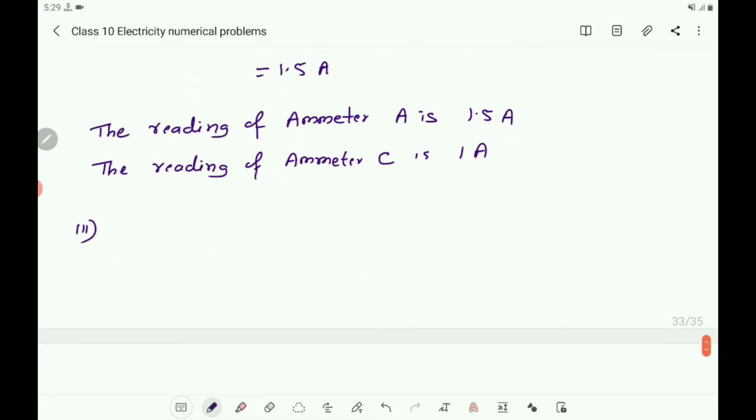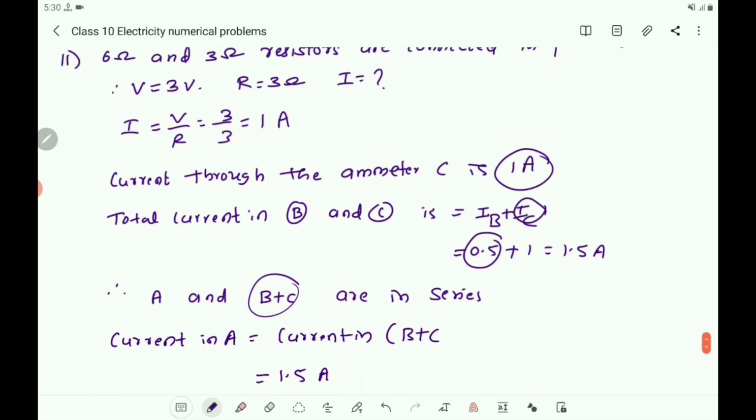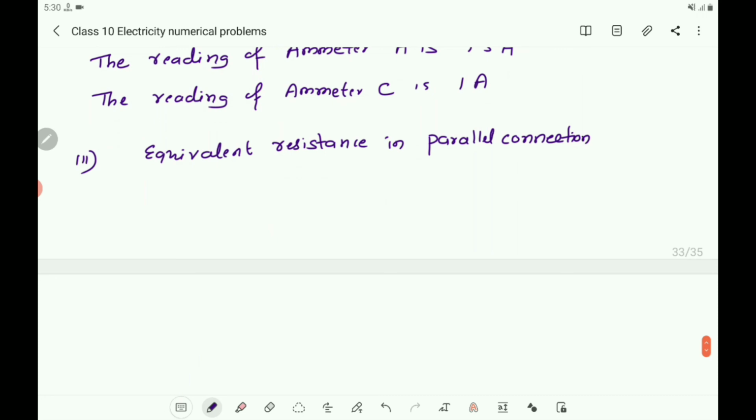So you take equivalent resistance in parallel connection, that is 1 by R equals. So otherwise you note down R1 is 6 ohm, R2 is 3 ohm.